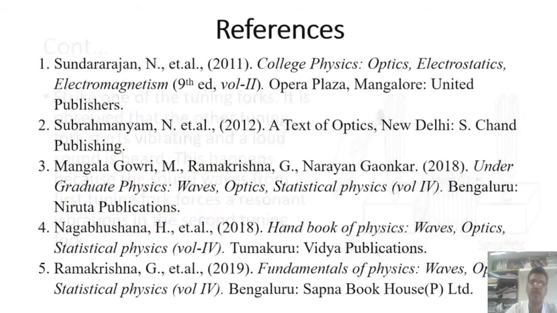I referred to many different books: Sundararajan's college physics, Subramaniam's textbook of optics, Mangala Gauri's undergraduate physics waves, optics and statistics, Nagabhushan, a handbook of physics, and Ramakrishna.